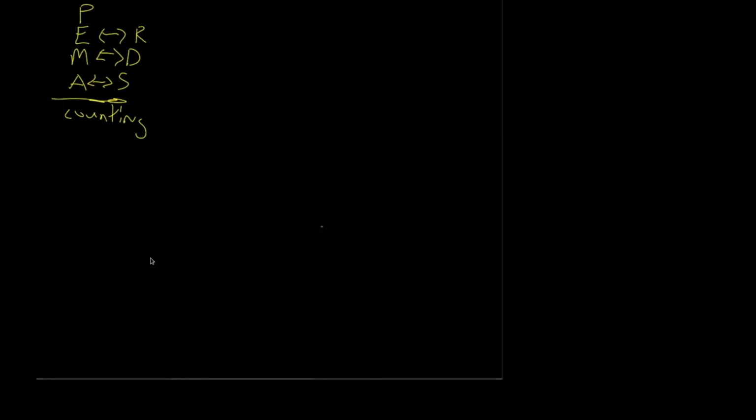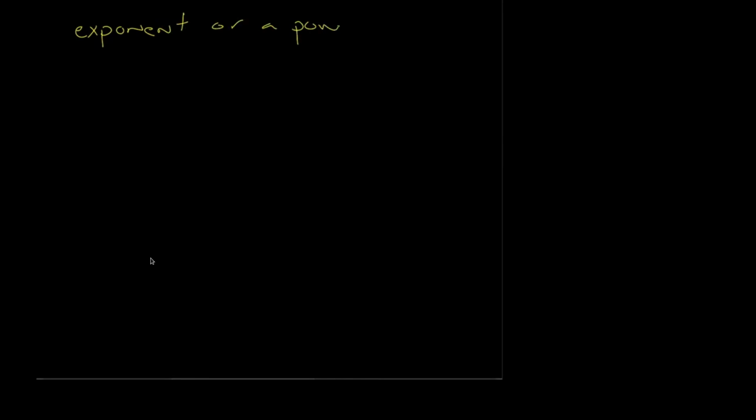All right, so let's look at what exponents are, particularly, and how we name them. So we will say it's an exponent or a power. You'll find both words get used. And it is some base. Think of basement or bottom.